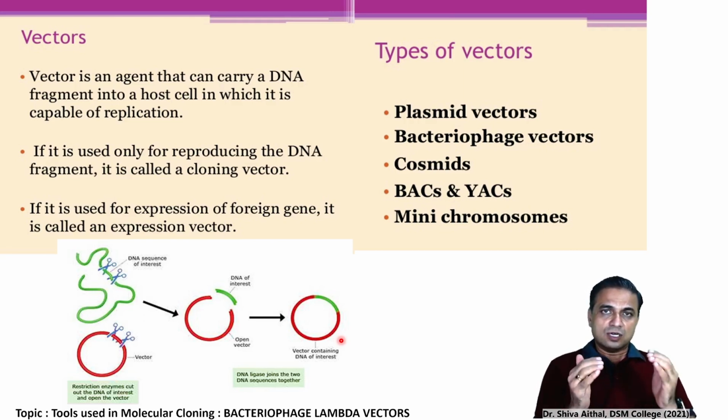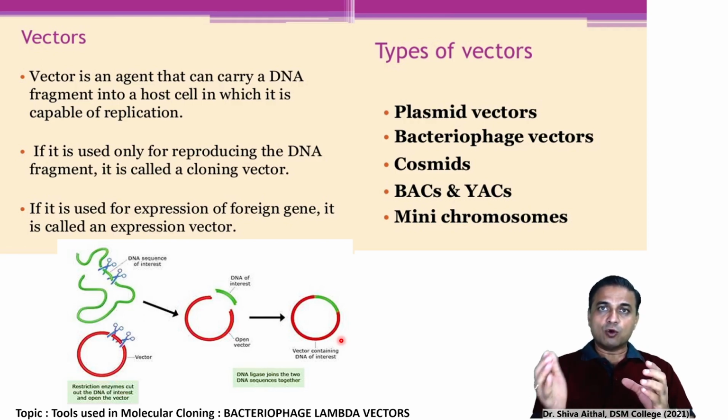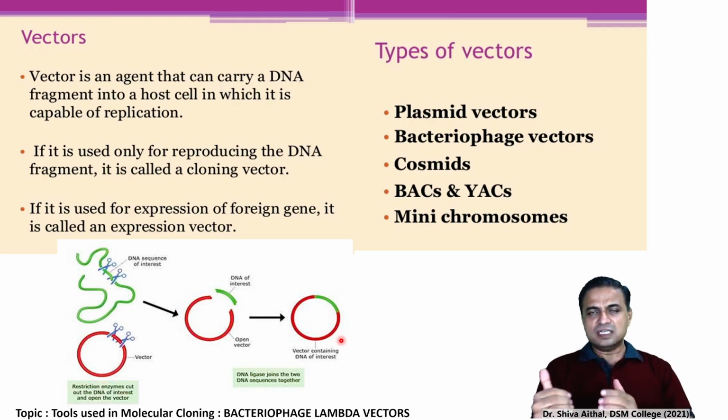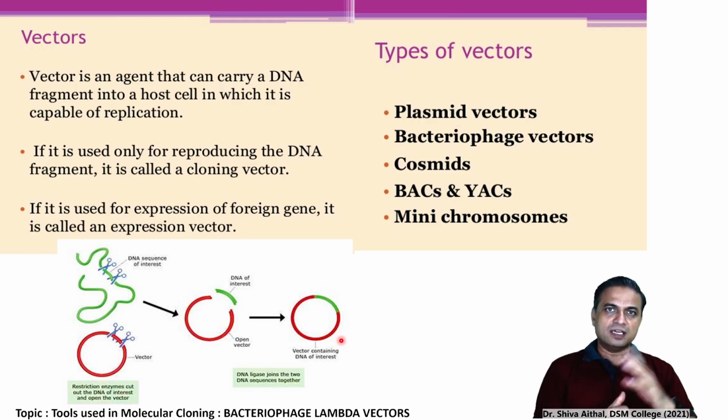So the urge to accommodate larger and larger DNA fragments inside the vector is changing the basic definition of a vector. In this series we have seen the grand old daddy of vectors, which we call the pBR322 plasmid.